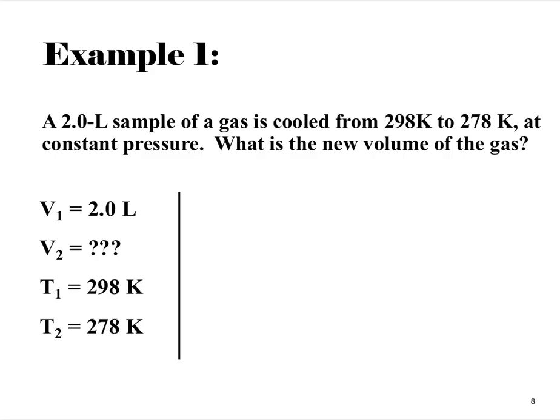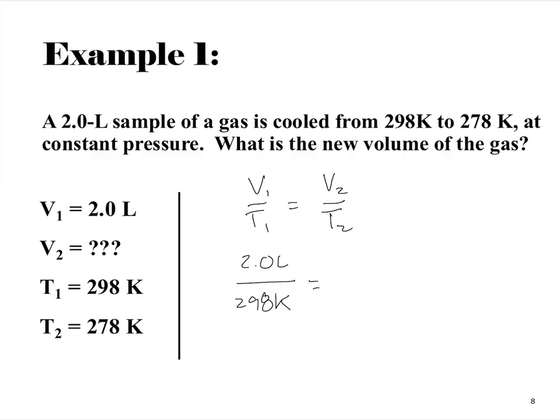So our gas law is called Charles' law. It says the initial volume divided by the initial temperature is equal to the final volume divided by the final temperature. So our initial volume is 2.0 liters. Our initial temperature is 298 Kelvin.